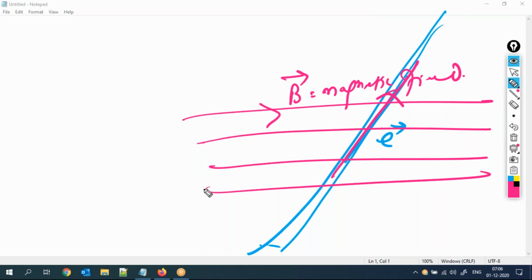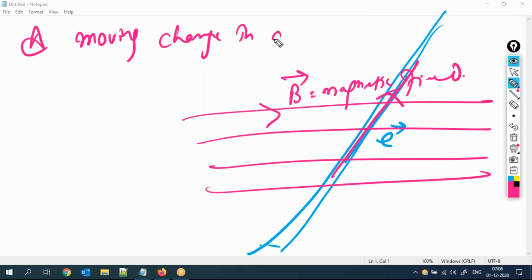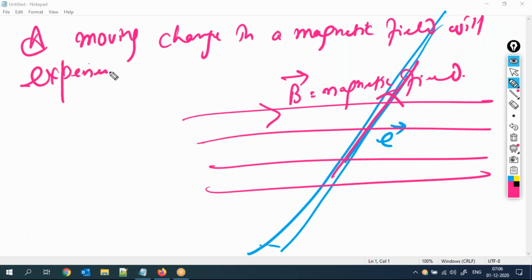Yes, sir. So a moving charge in a magnetic field will experience a force. What will be that force?